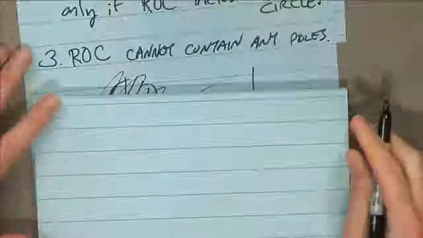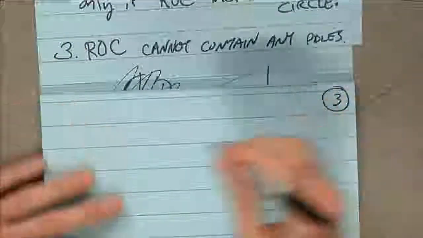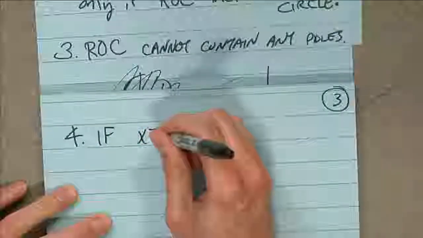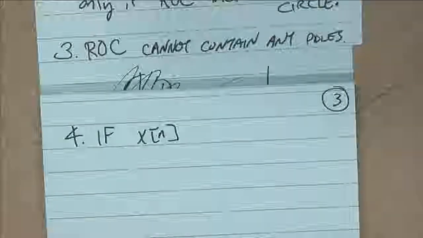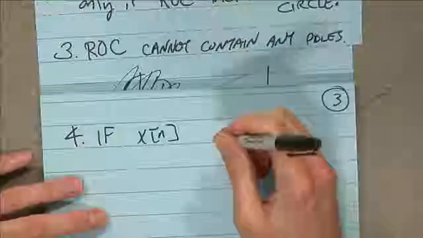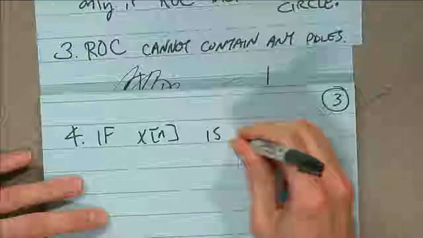So property 3: the ROC cannot contain any poles. The fourth property is the easy one that we went through. If x of n is a finite duration sequence, there's not a lot that can go wrong; there's only so many terms.